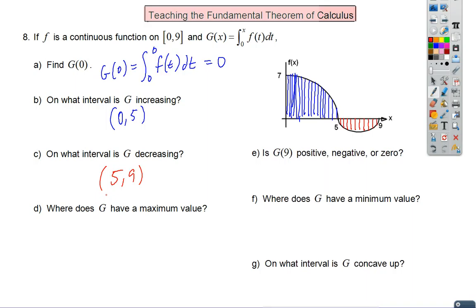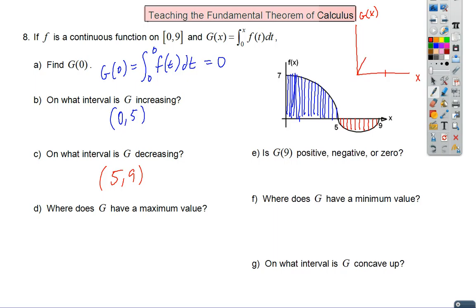Part D says, where does g have a maximum value? So I'm going to start trying to figure that out here. How does the maximum value work? If I were to do a little graph here of g of x, and this is x. Well, up to 5 we said we were increasing, and after that we said we were decreasing. But which one's bigger? Did I increase more than I decreased, or did I decrease more than I increased? As I'm going through this, I feel like I increased more.